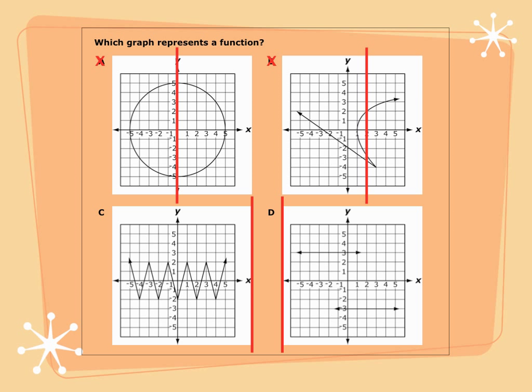Let's go ahead and check D. And D, it does pass through more than one point on the graph. Notice on D also, each of those segments has little arrows on the end of it, meaning that these are lines that are going to extend on in both directions forever. So actually any vertical line that passes through that graph would be touching 2 points on the graph. So D is not going to be a function. My answer here is C.